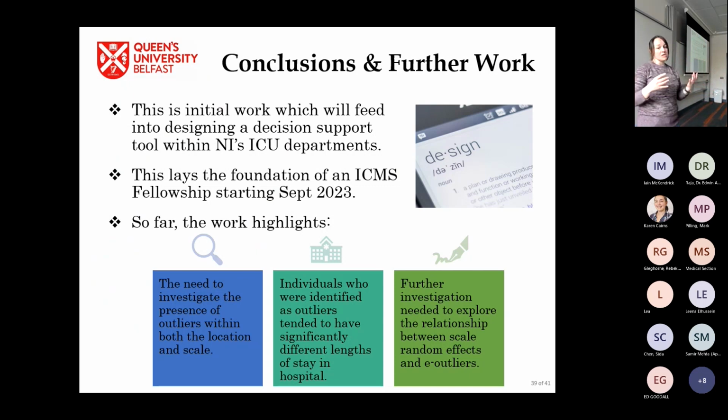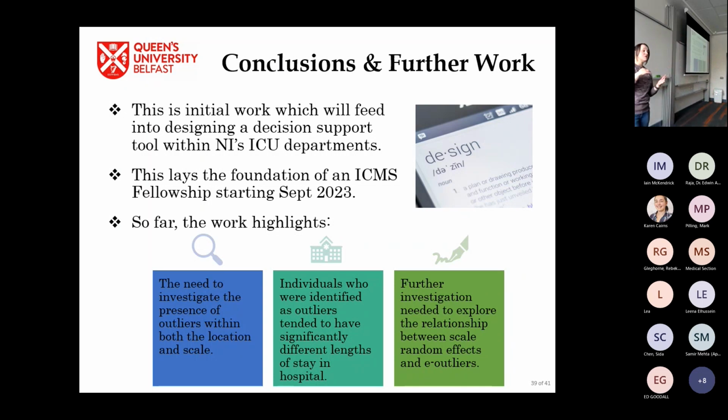And so far what we're seeing is that there is a need to investigate the presence of outliers within both the random effects and the random error terms and the scale parameters, to look at all of the different random terms that we can include within the models. Individuals who are identified as outliers do have significant differences in their lengths of stay, so we're trying to figure out, is that a good thing, a bad thing, but whatever it is, they do need to be accounted for.